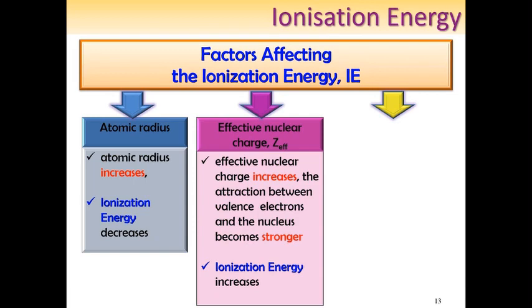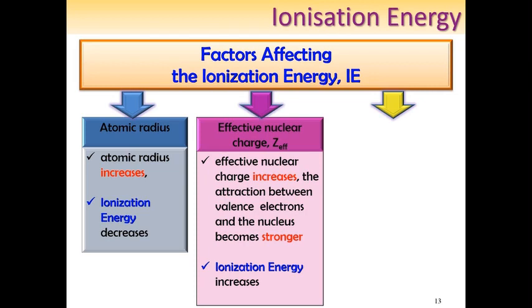Effective nuclear charge depends on the number of protons, so it also increases. So the attraction between the valence electron and the nucleus becomes stronger, and it's quite difficult to remove the electron. So we need more energy, and the ionization energy increases.